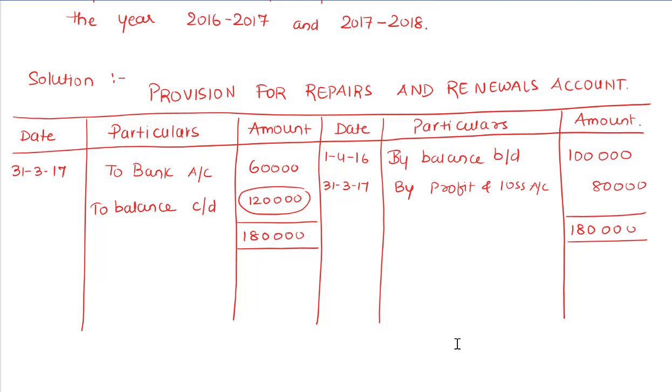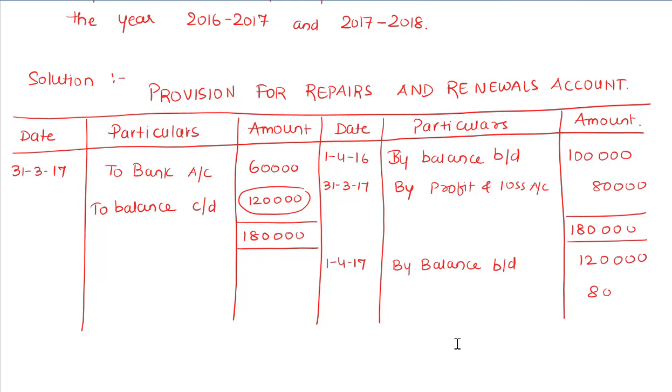To balance carried down 1,20,000. Over here, 1st of April 2017, by balance brought down 1,20,000.